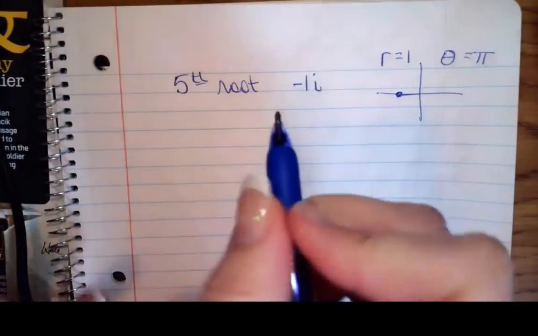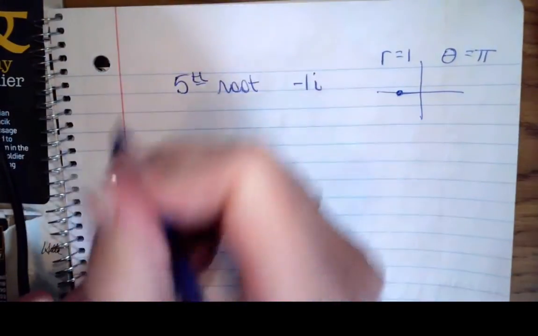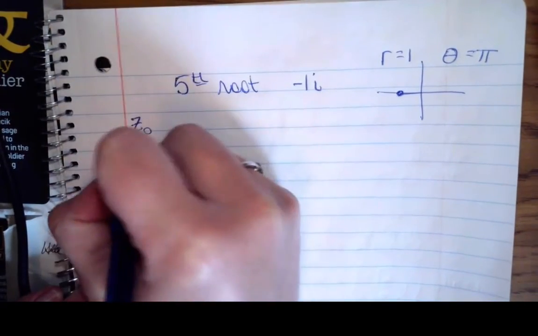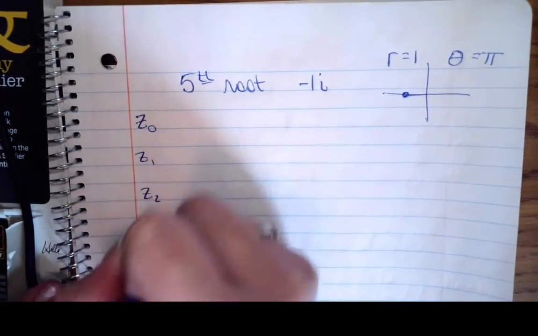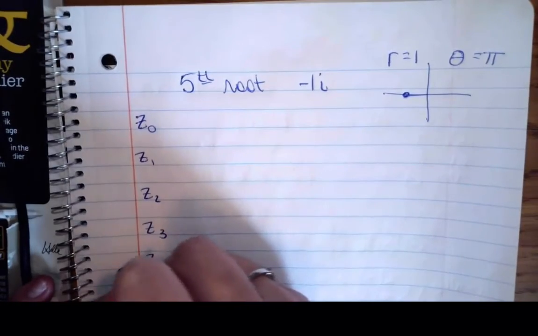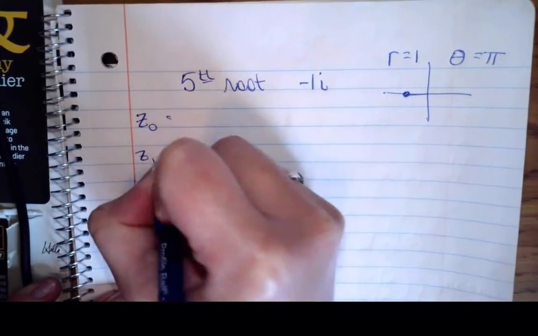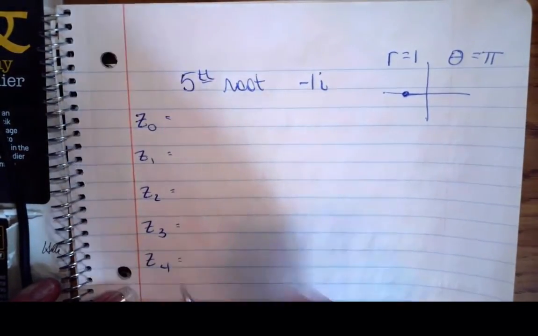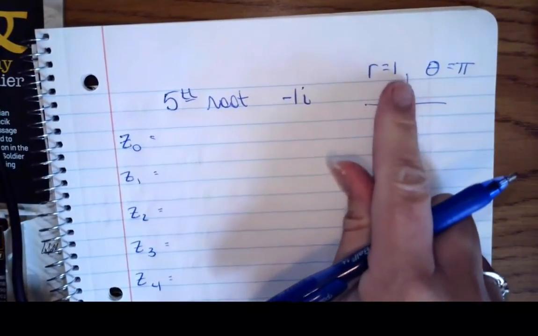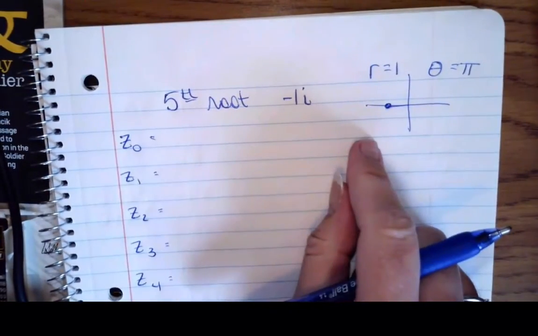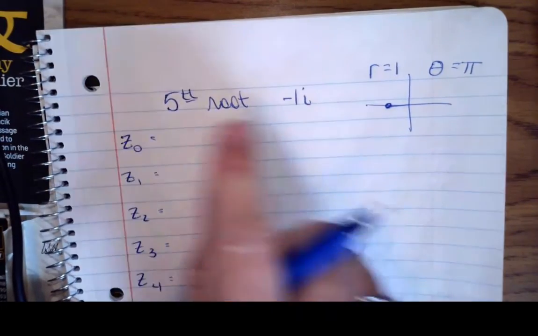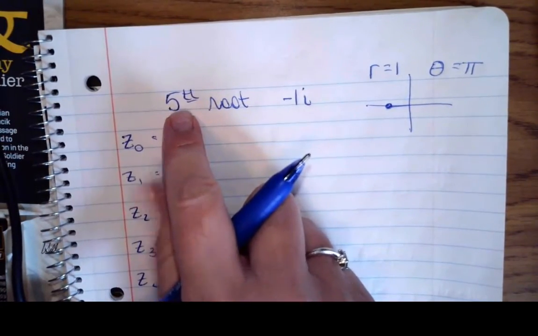Okay, so my k's are going to go from 0 to 4. So I've got Z0, Z1, Z2, Z3, Z4. And notice that your radius is 1. So I'm going to write it the first time, and then I'm not going to write it anymore. Okay, so I have a 5th root. That's going to be static.